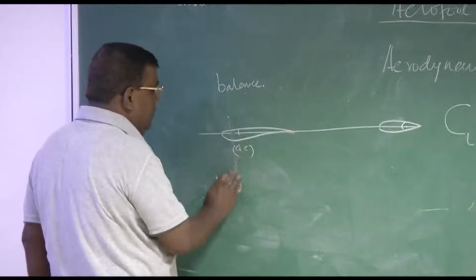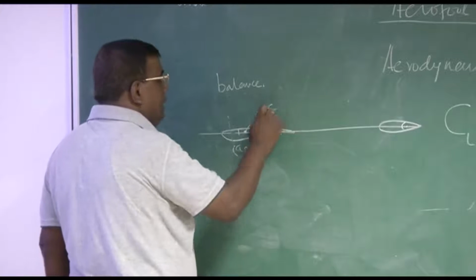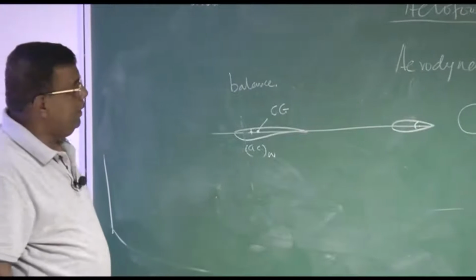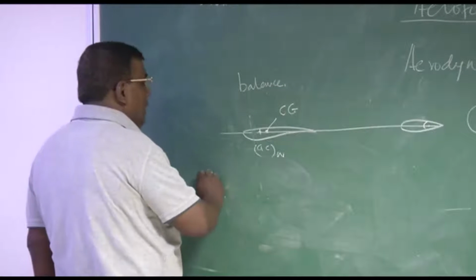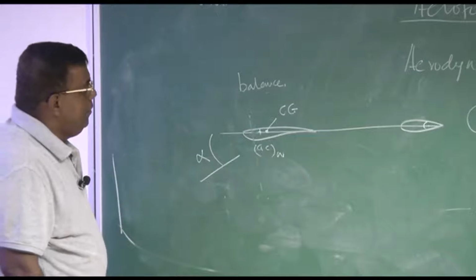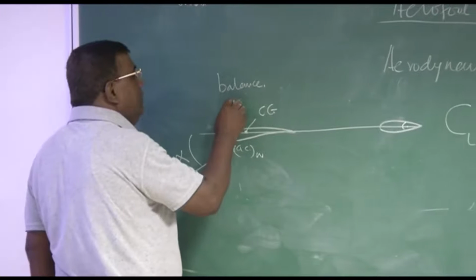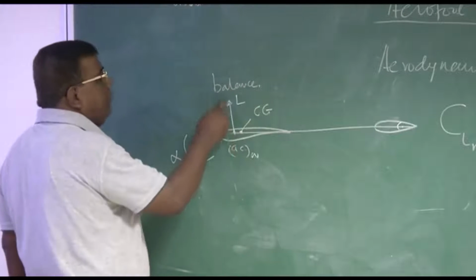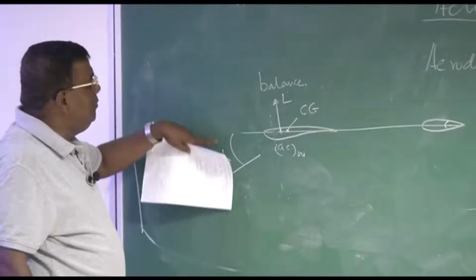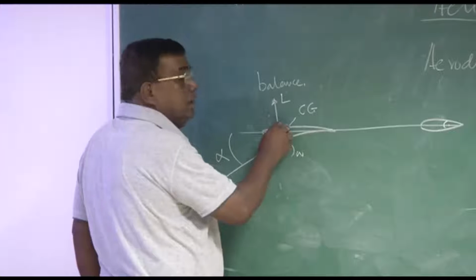For simplification, let me put CG somewhere here. That is, I am writing a case where the AC of the wing is ahead of CG. Now what will happen, as I give angle of attack alpha, there will be an aerodynamic force. I am just drawing it perpendicular to this, which strictly has to be perpendicular, but because angle of attack is small, I am drawing it like this. So there will be a lift generated here.